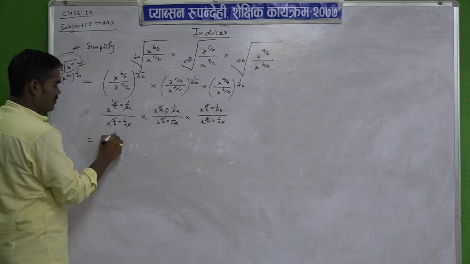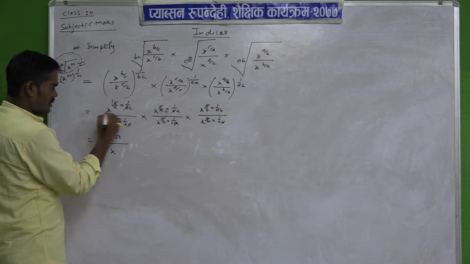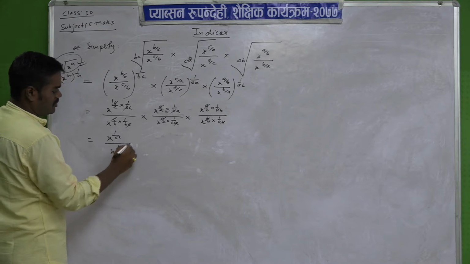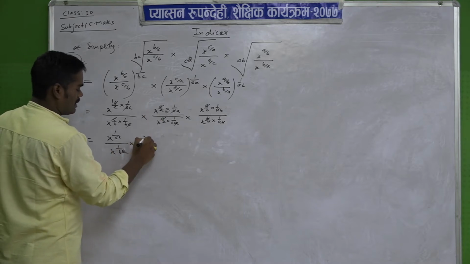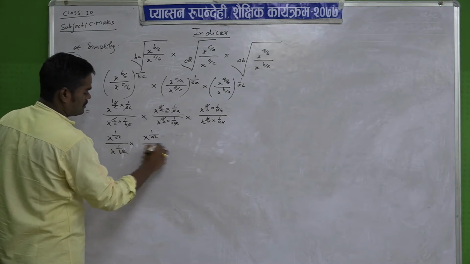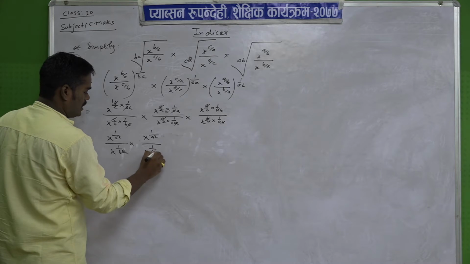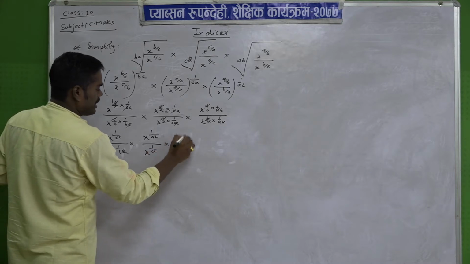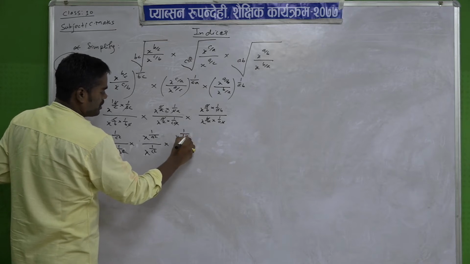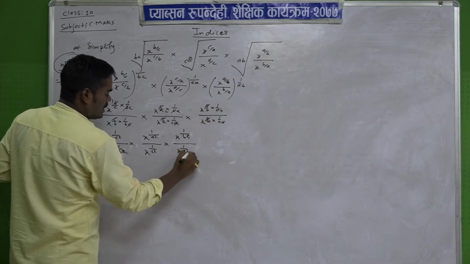So 1 into 1, c into c square upon 1 into 1, b into b square, and here 1 into 1, a into a square upon 1 into 1, c into c square, into 1 into 1, b into b square, 1 into 1, a into a square.